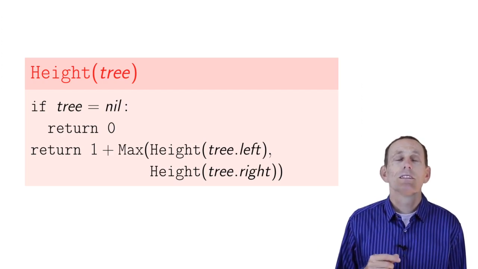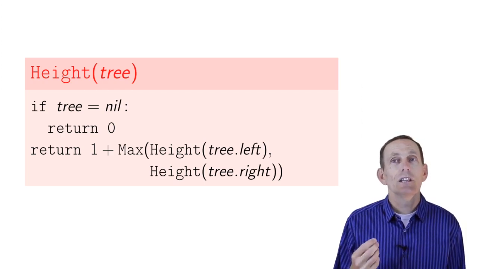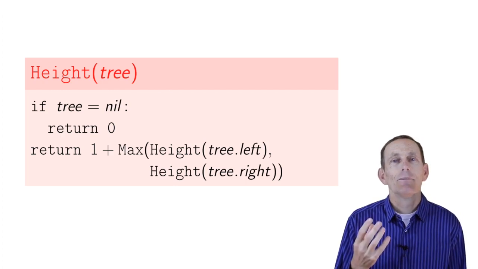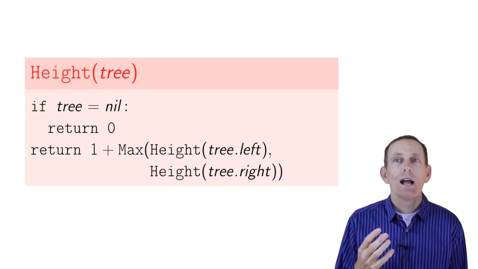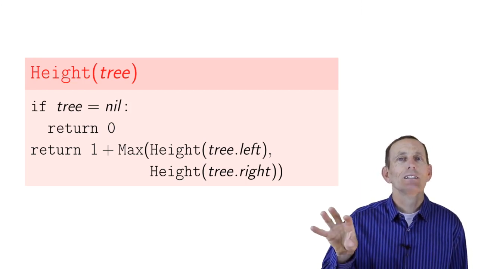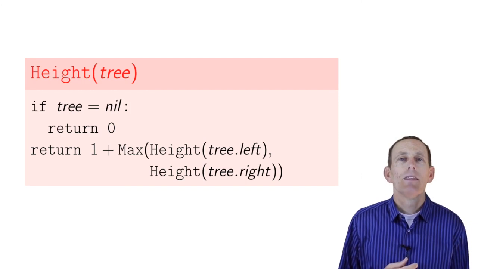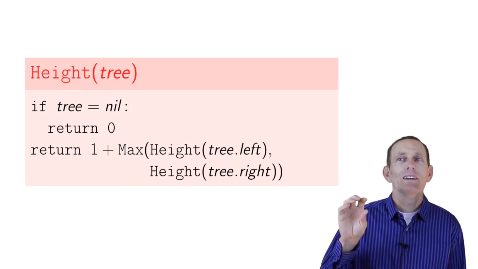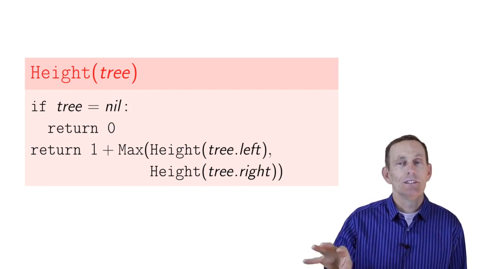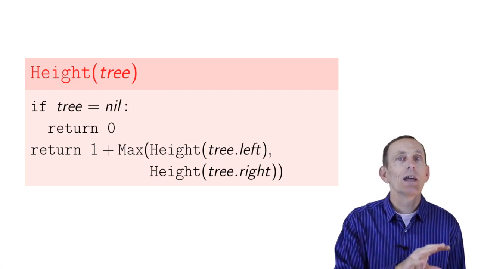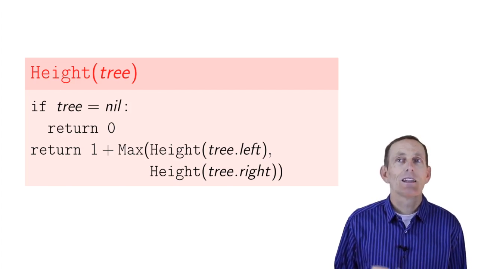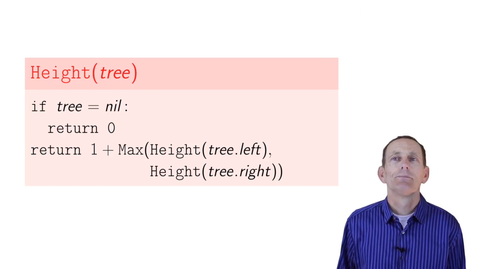So we can say, for instance, if we have a nil tree, then its height is 0. Otherwise, it's 1 plus the maximum of the height of the left child tree and the right child tree. So if we look at a leaf, for example, that height would be 1 because the height of the nil left child is 0, and the height of the nil right child is also 0. So the max of that is 0, and 1 plus 0 is 1.